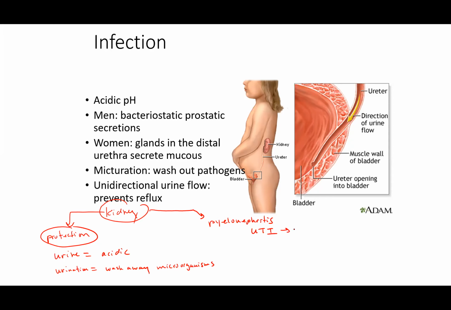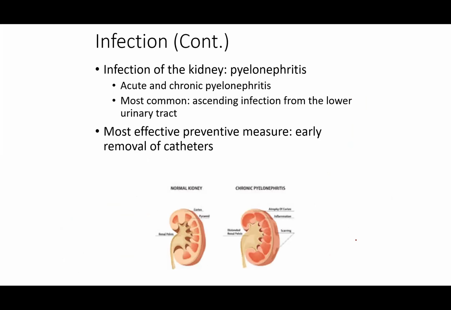Since it's upper, it's going to be the renal tubules, the renal calyces and the renal pelvis. There's the pyelonephritis, so that would be this area. That would be an upper urinary tract infection.